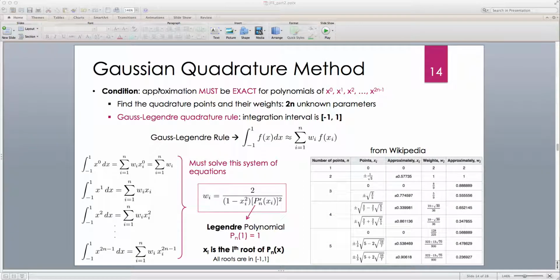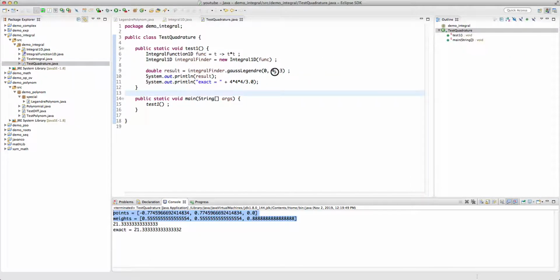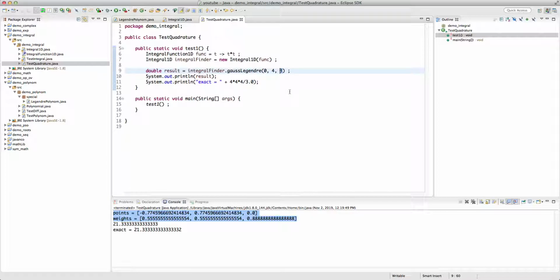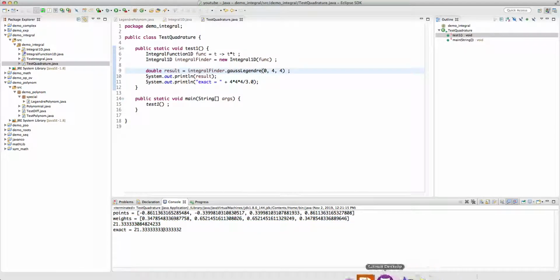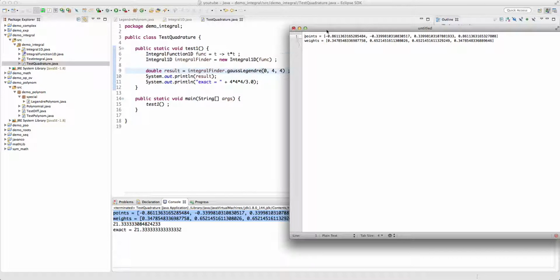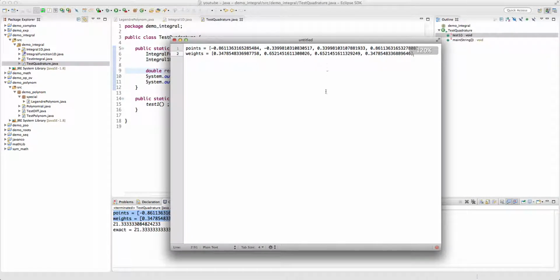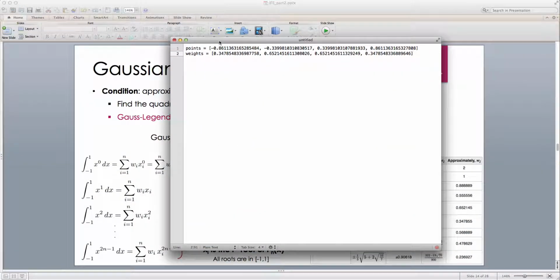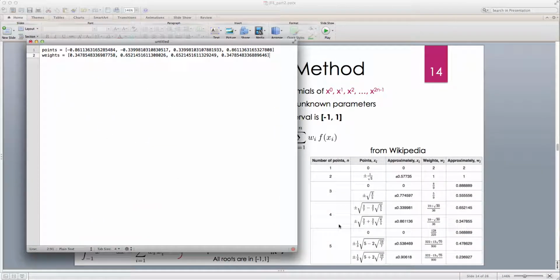Now let's try the fifth degree, the 5 or 4. And these are the points and weights. Okay, let's compare it. We don't have any zero, we have plus minus 0.33998.